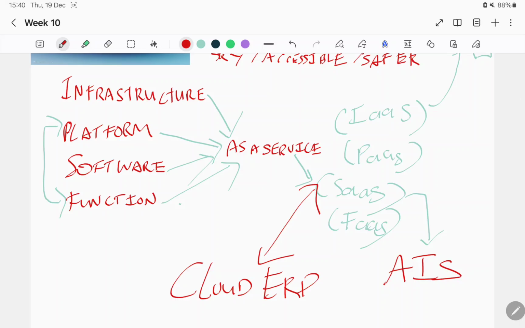So that you can understand that cloud ERP falls under one of these categories, which is SaaS. Software as a service, where a group of providers can provide you with this system.